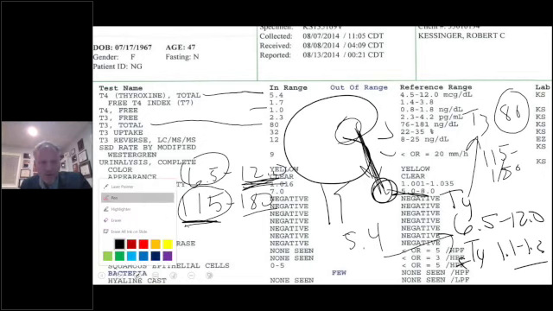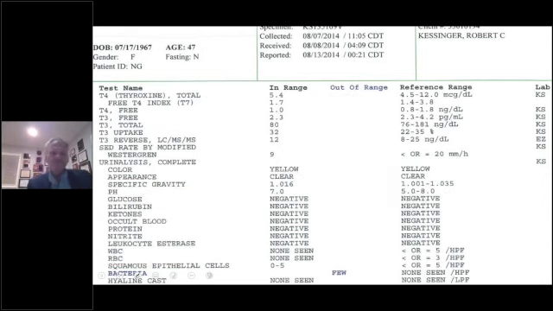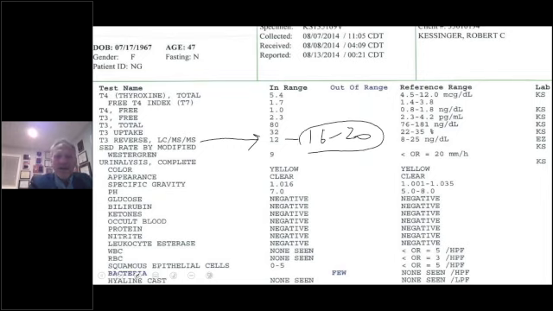Okay, so if I were to look at this further, the reverse T3, we like to see that about 16 to 20 is perfect. So it's a little bit low. But remember that the reverse T3 has this function. Here's the DNA sitting right here.